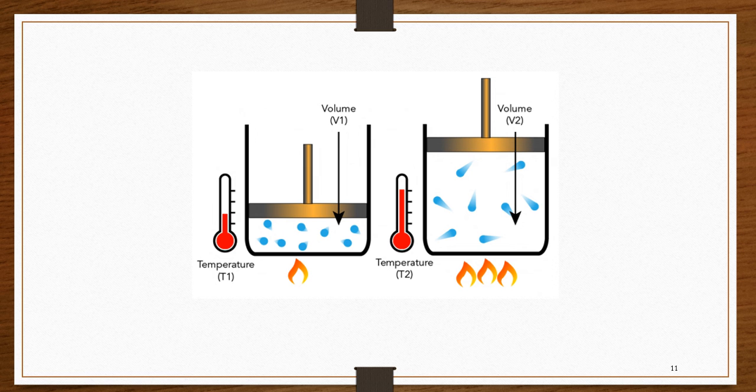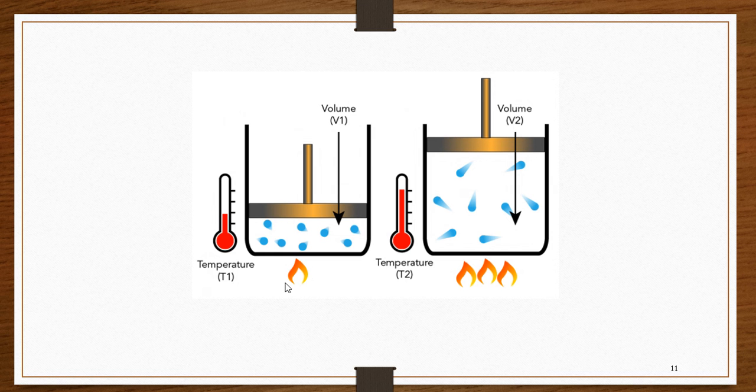And then when we look at this graphical representation, we can see clearly that there is a thermometer here which is measuring temperature as T1, and there is one flame here. And remember, the bluish particles are the fixed mass of a given gas. When you push the piston down, the volume will decrease.